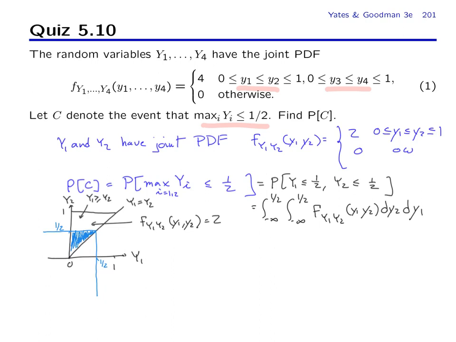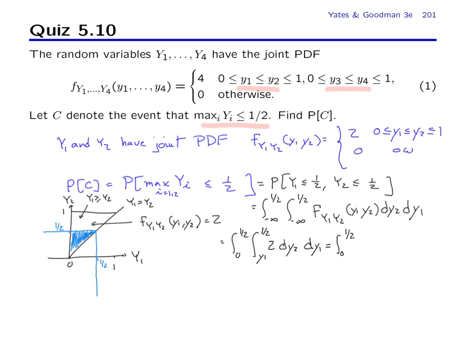So this is equal to the integral with y1 going from 0 to 1/2, and then y2 going from y1, because it starts along the line where y2 equals y1, up to 1/2. We have to get our pencil back. Then we have the joint PDF in that region, 2 dy2 dy1.